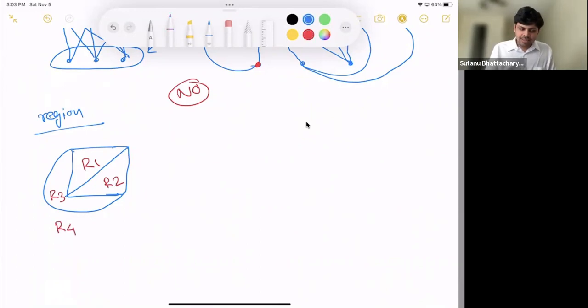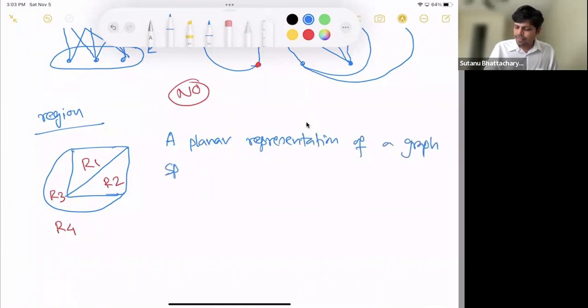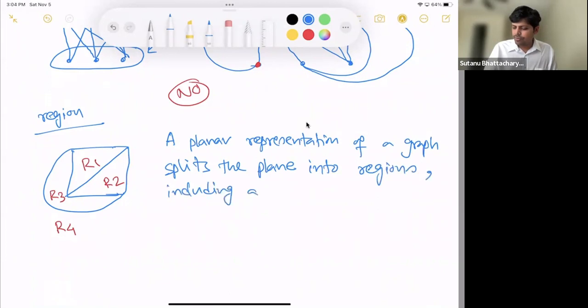A planar representation of a graph splits the plane into regions, including an unbounded region.